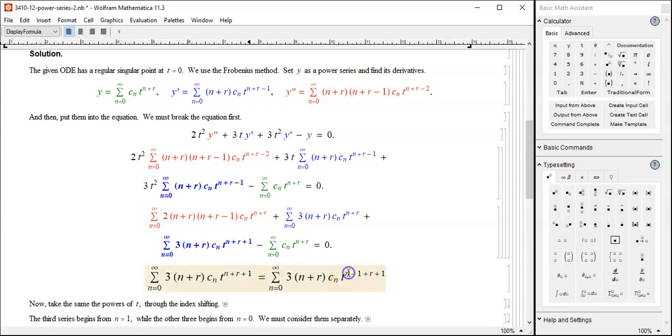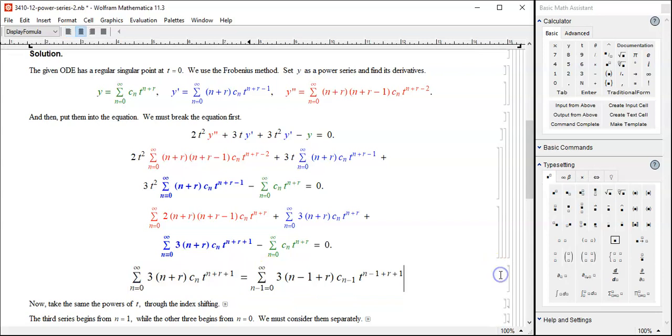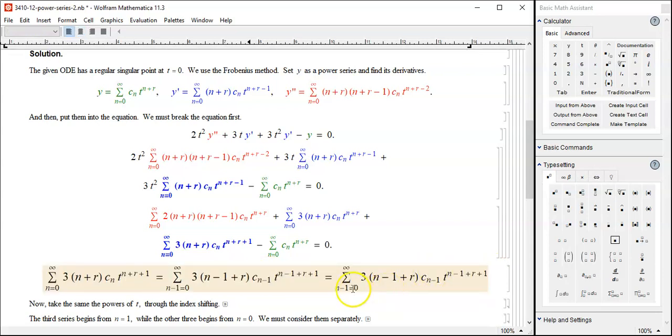Let me expand the font. So what did I do? I inserted n minus 1 in place of n. So I have to do the same thing in other places as well. All right. And then one more step. Let's see.